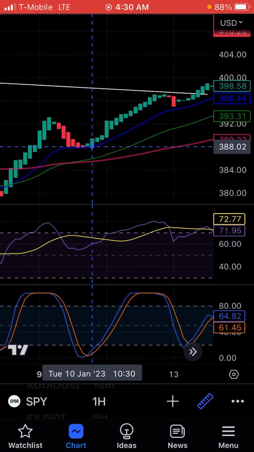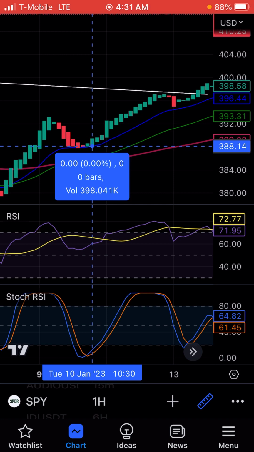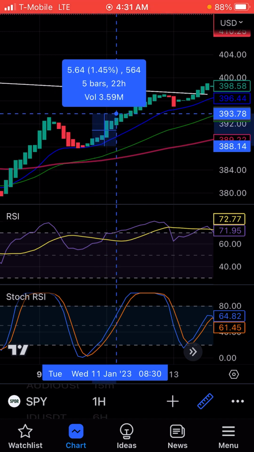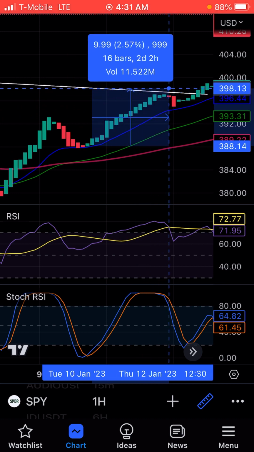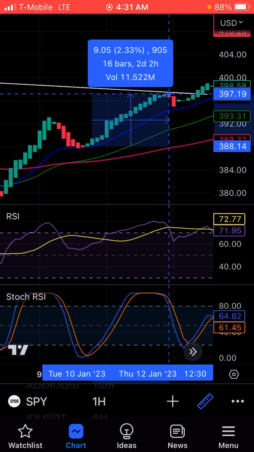That is right about here. So we come in here, look at the blue line, and then we just follow the regular RSI until it touches, which is right about here. So this is a $9 difference in price in 2 days. So this is about $500.